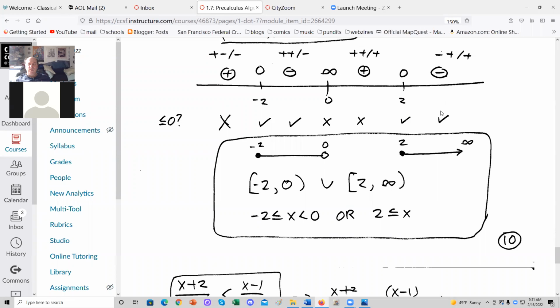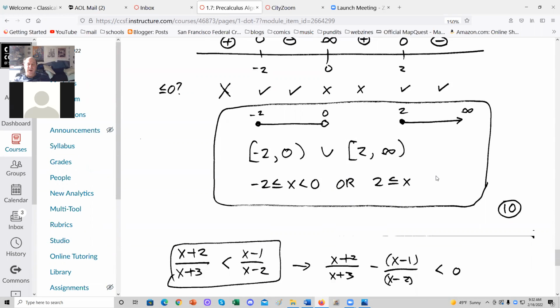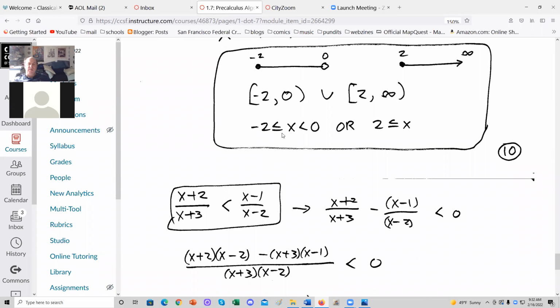Union, include 2, and then everything to the right of it is this closed half line. So that's the graph. The brackets will be square bracket −2 to 0, round bracket, union, square bracket 2 to infinity, round bracket. Or −2 less than or equal to x less than 0, or 2 less than or equal to x.